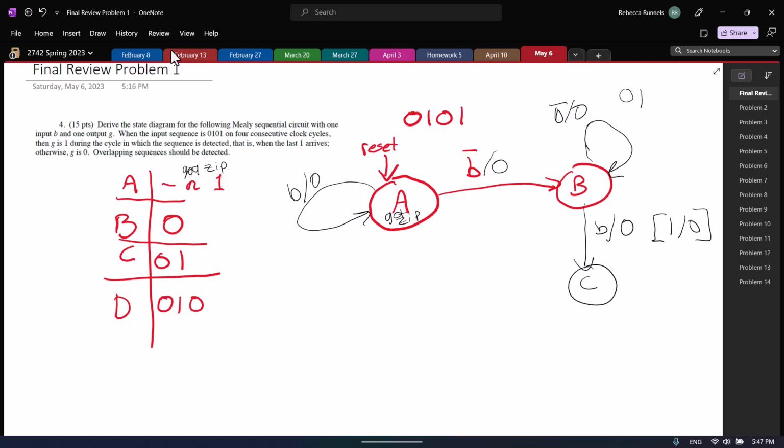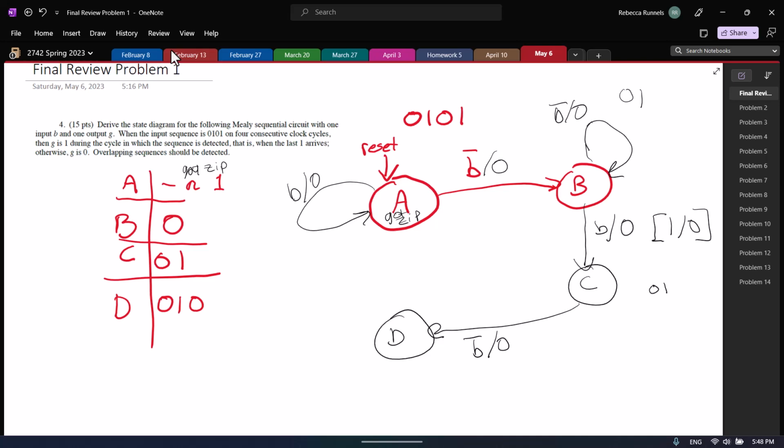Now, if I'm in state C, that means I currently have a 0 and a 1. So if I get a 0 here, then I will move on to my next state, which is state D. So it'd be B bar, still don't have an output of 1.